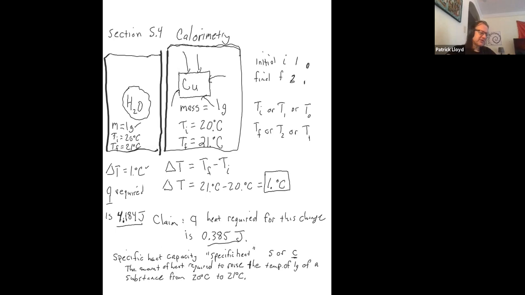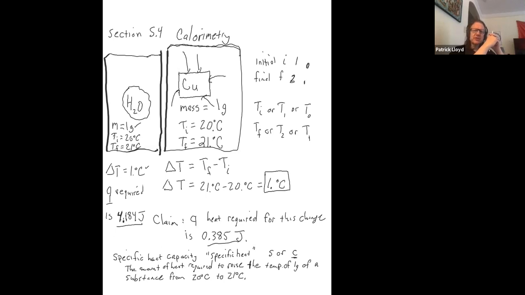You have to be careful about these definitions. They change sometimes based on what people are measuring and how they're measuring things. As they develop new techniques for measuring things, they come up with new definitions. So even though it's defined from 20 to 21 degrees C, it's more universal than that effectively.